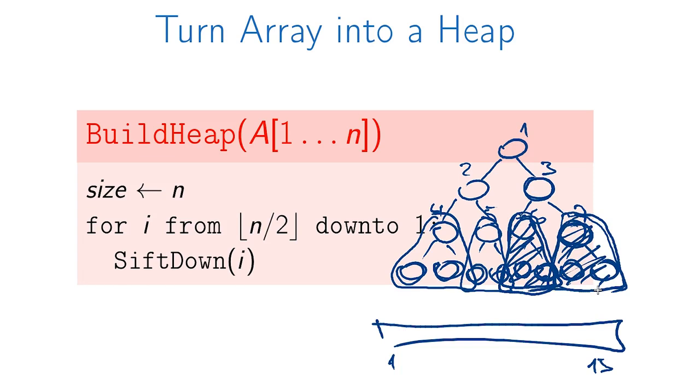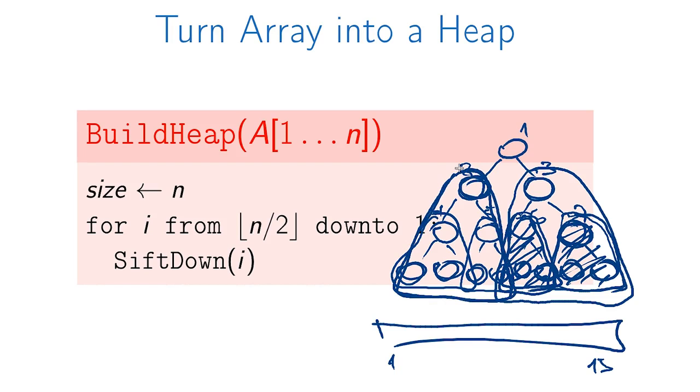So to satisfy the heap property in the subtree rooted at node 3, it is enough to call sift down for node number 3. Okay? Then we proceed to node number 2, and again, after calling sift down for node number 2, we fix the heap property in this subtree, and so on.